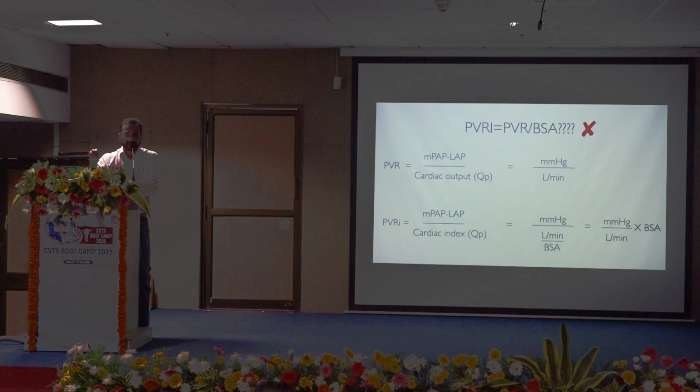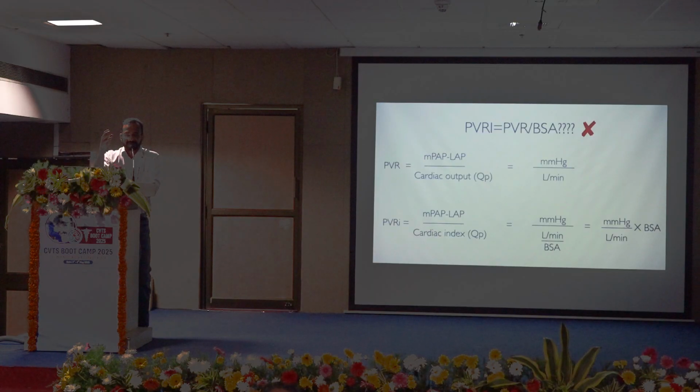One common mistake that is made, and if any of you are going back into pediatric practice it's very important to realize, is that PVRI is fundamentally the unit that we use. We take the PVR and index it to the body surface area.